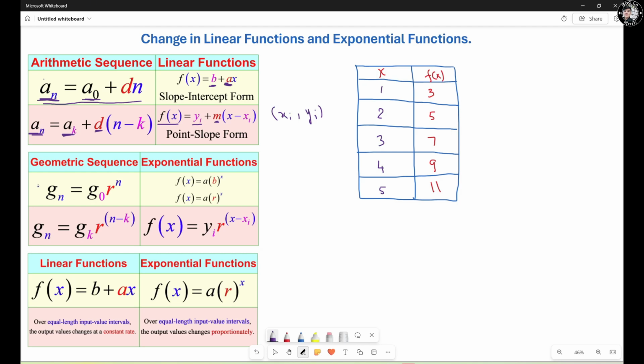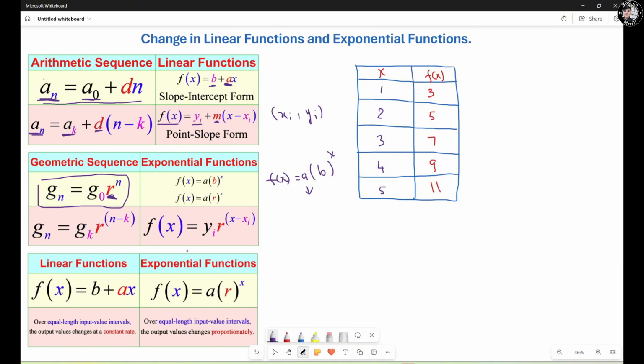Given the initial value, we use this formula: g sub n equals g sub 0 times r raised to the power of n, where g sub n is the n-th term, g sub 0 is the initial value, and r is the common ratio.